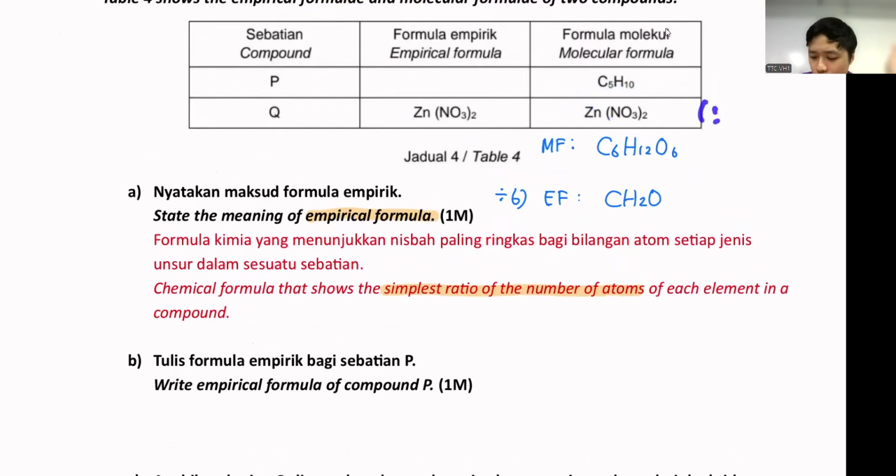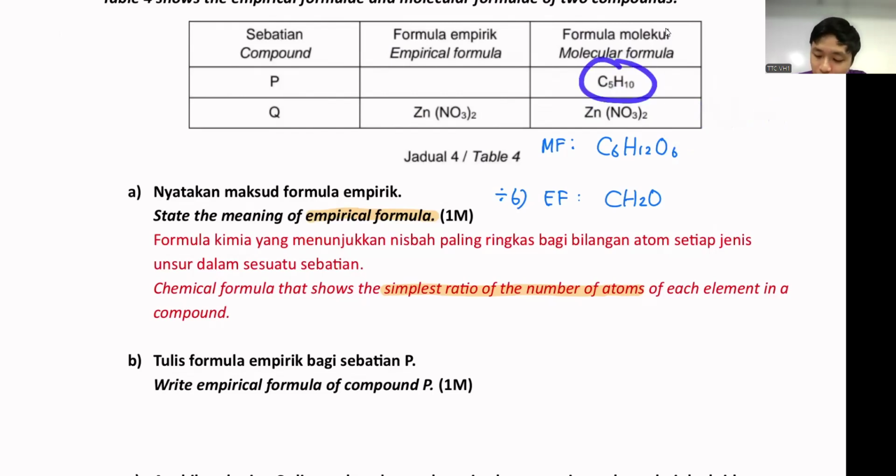But 1 to 2 to 6 is already in the simplest version, so it cannot be divided anymore. Since you only got 1, it cannot be divided by 2. It can only be a whole number. Remember that.